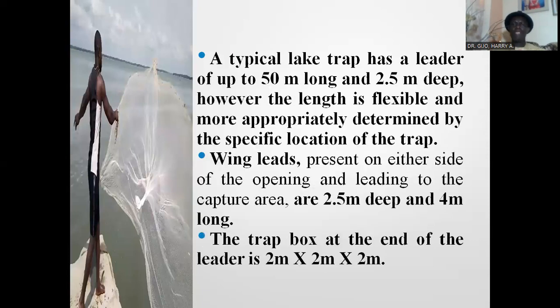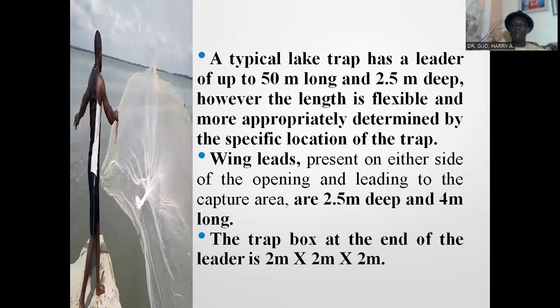A typical lake trap has a leader of up to 50 meters long and 25 meters deep. However, the length is flexible and more appropriately determined by the specific location of the trap.